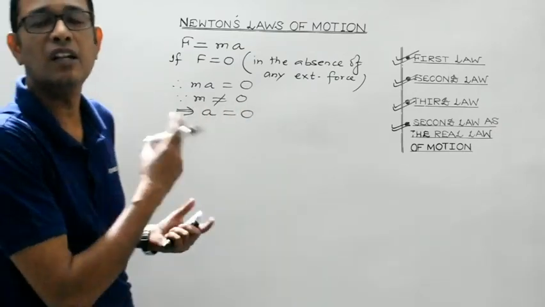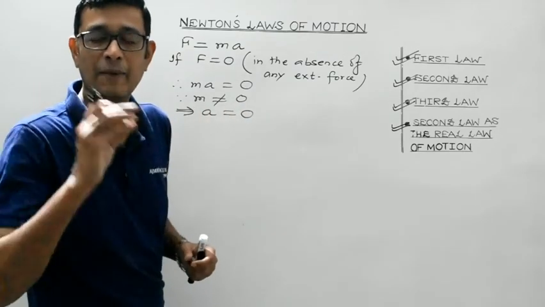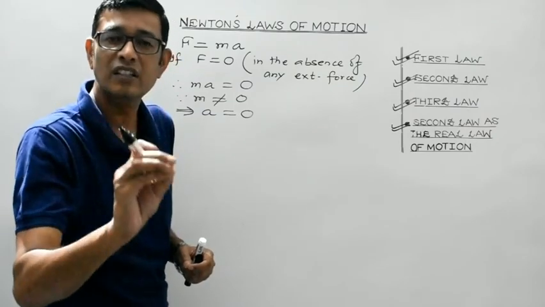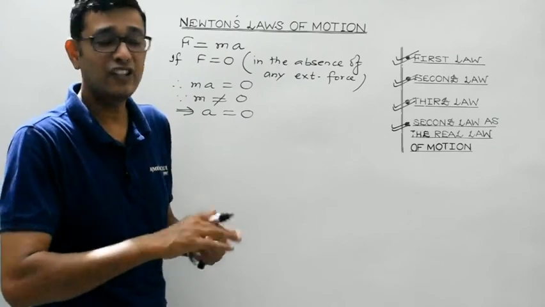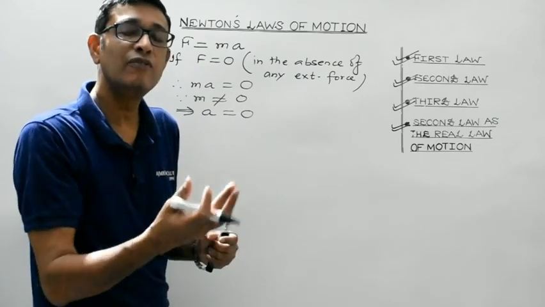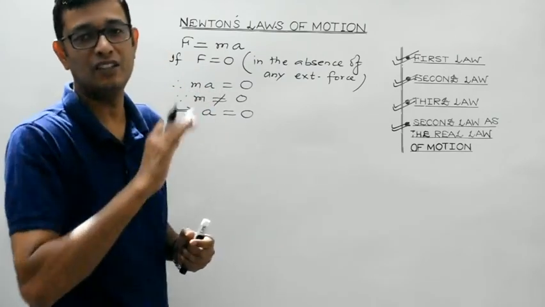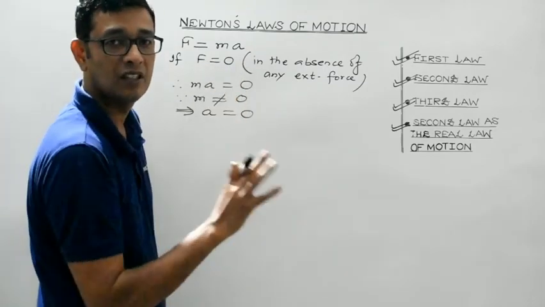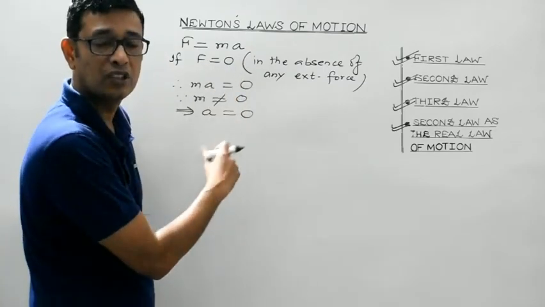This is a fundamental fact, students. In the absence of any force, the acceleration is 0. Acceleration will be only produced under the influence of some external unbalanced force. So in this case, if the external force is considered to be absent, acceleration produced in the body would be 0.